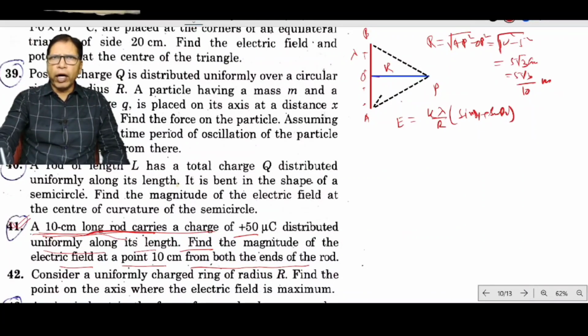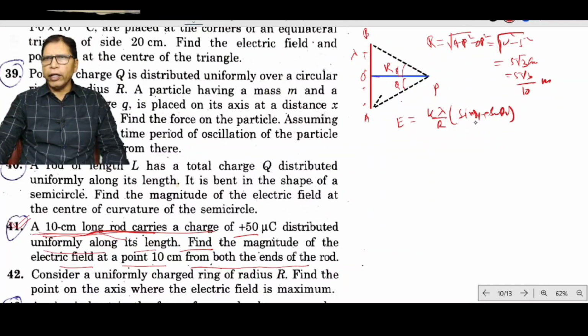Where theta 1 is the angle here and theta 2 is the angle here. Okay, here theta 1 equals theta 2. Now sine theta 1 equals sine theta 2, which equals perpendicular by hypotenuse. Now perpendicular is 5, hypotenuse is 10, so this is half.